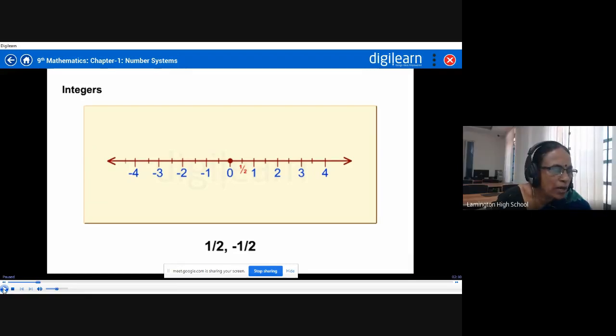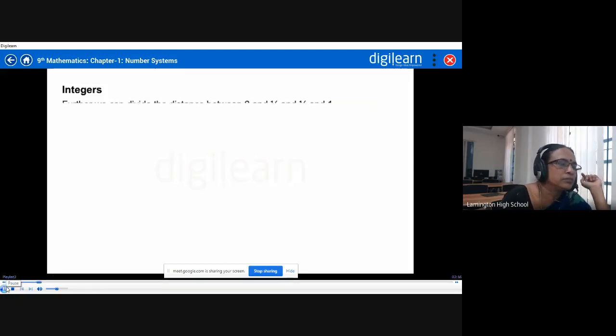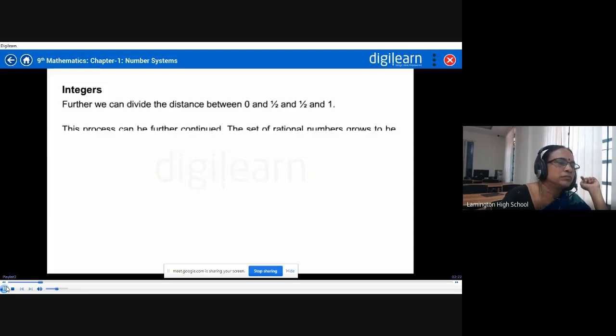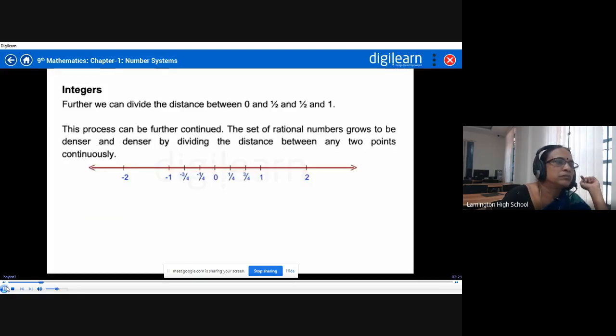Between 0 and 1, we have one more number, that is half, 1 by 2. Similarly we get minus half between 0 and minus 1. Further, we can divide the distance between 0 and half. This can be continued further.